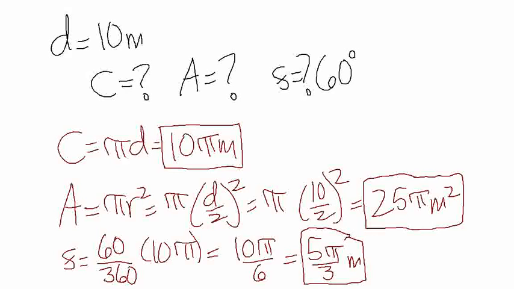Now, I'd like you to do one more. Suppose I had a circle for which it was known that the circumference was 300 pi feet.